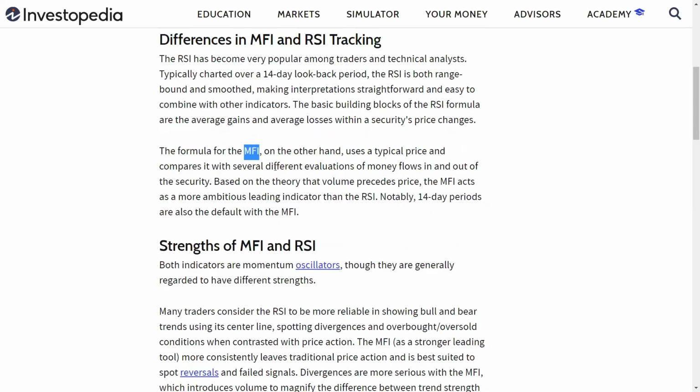The MFI, on the other hand, uses typical price and compares it with several different evaluations of money flows in and out of the security. Based on the theory that volume precedes price, the MFI acts as a more ambitious leading indicator than the RSI. Notably, 14-day periods are also the default with the MFI.